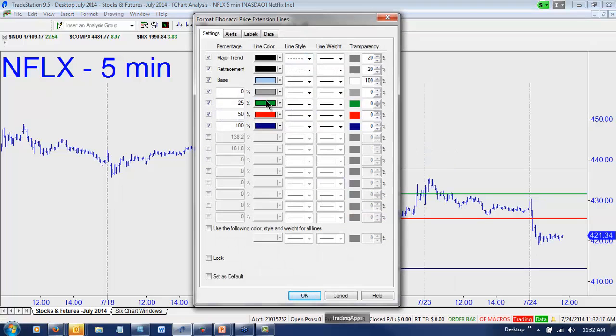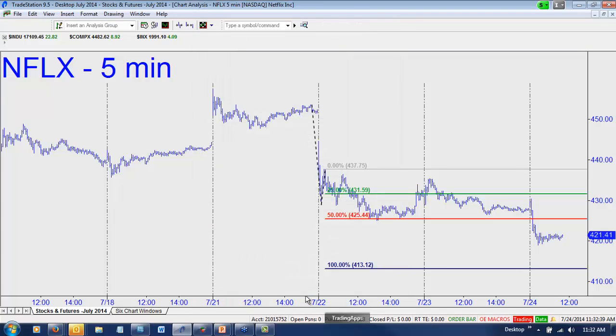You've got 0, 25% is where you would make entry, 50% is the midpoint hidden pivot, and 100% is the D target. That's how I set up the extension line drawing tool with different colors and line sizes and thicknesses and so on. Once you've formatted it that way, you just click on A, click on B, and click on C, and it gives you the green line X where you would get short here, P where you would take profits on half the short, and D your eventual target.